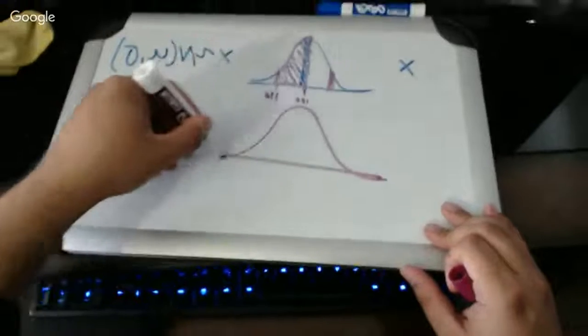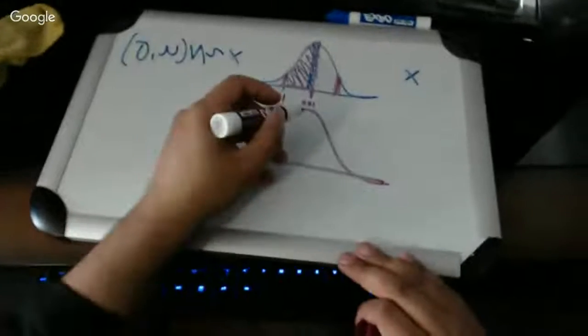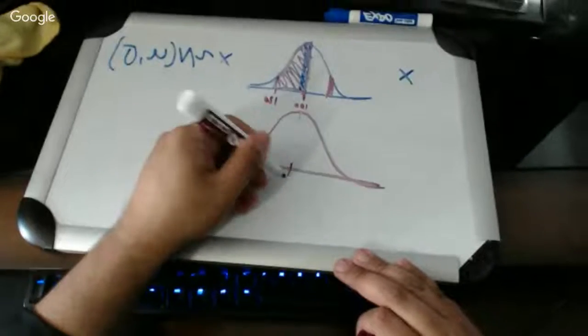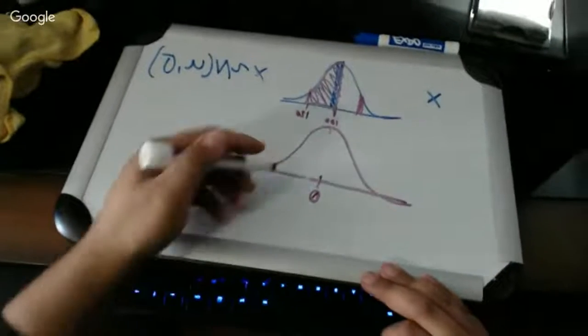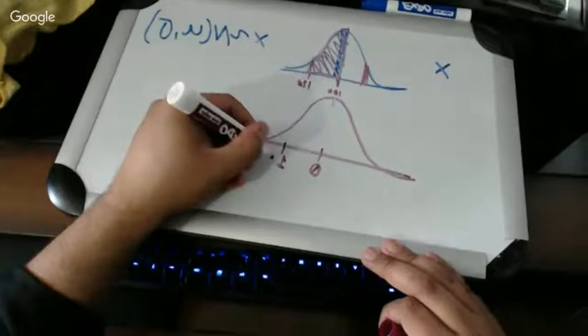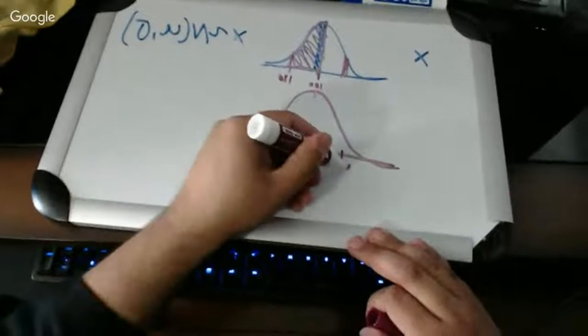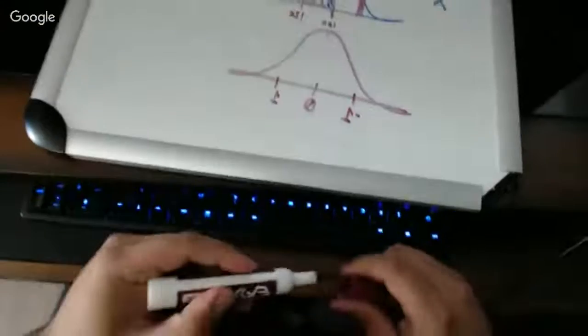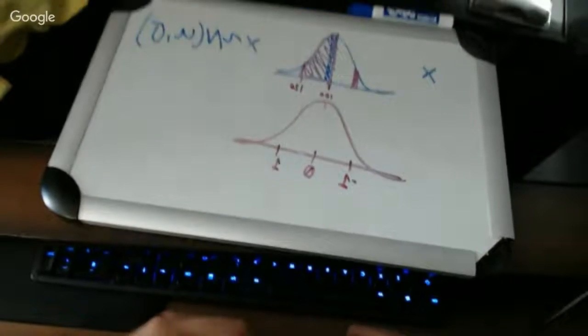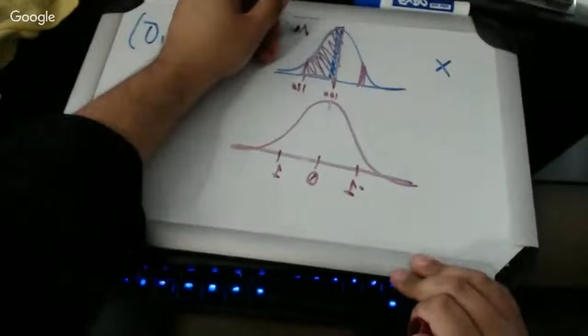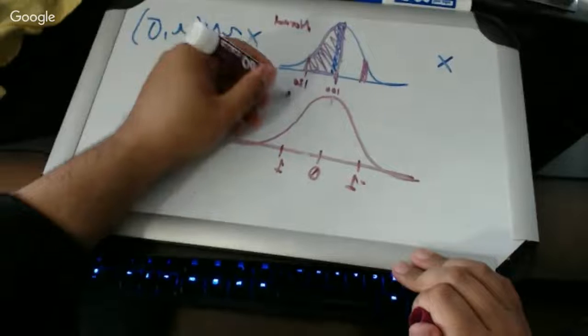It's the same data, but the difference is that this center is now no longer 100. This center is 0, one standard deviation above is 1, and one standard deviation below is -1. This one we call the normal, and this one is the standard normal.